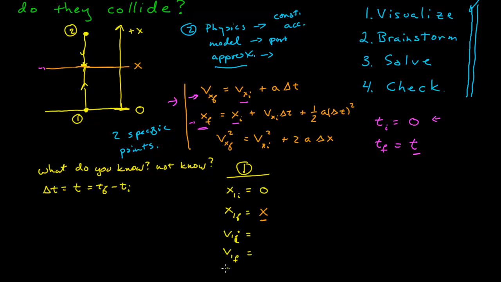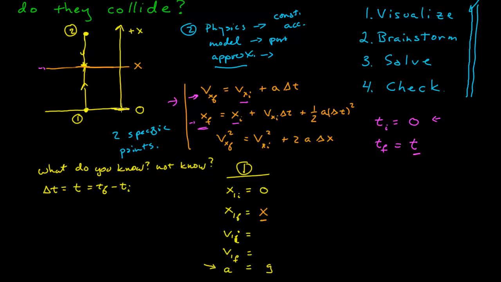And then finally I know the acceleration. The acceleration is constant. The magnitude of the acceleration is g. Acceleration is a vector, and so it has a direction. To understand that direction, I have to go back to the coordinate system. The free fall acceleration direction is defined as toward the center of the Earth.